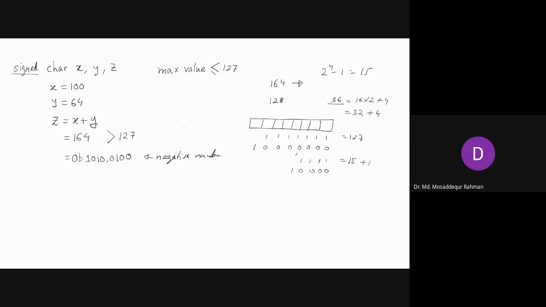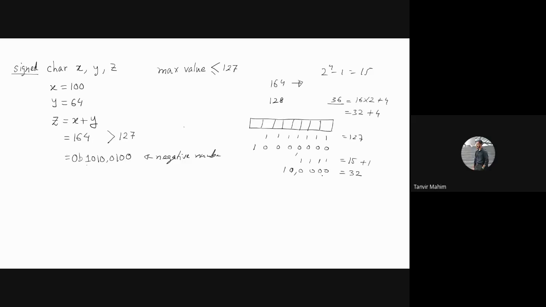32 plus 4. So 32 means it has to overflow 2 times, so in the second nibble you have to have 2. 2 means 1, 0, and all are 0, so that is equal to 32. Is this part clear?